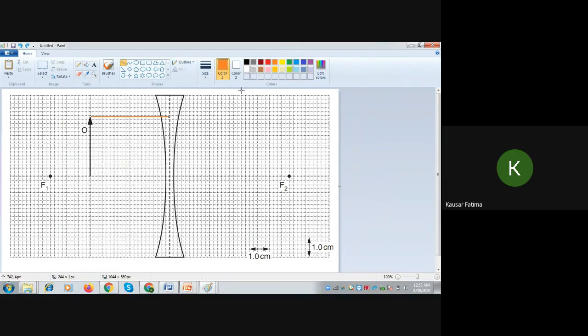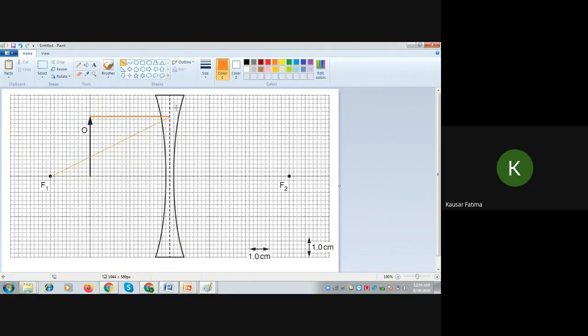Now will the ray go through f2? It's not a converging lens, it's a diverging lens, so the ray will not go to f2. Instead it will appear as if it is coming from f1. So I will start from here, f1, and this has to be very dim because it's not the real ray.